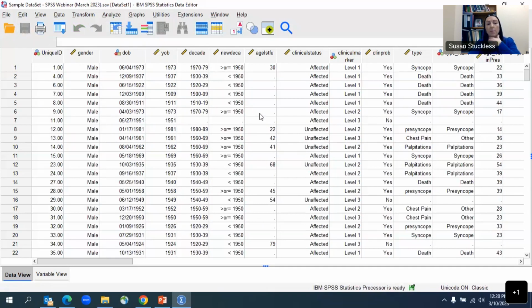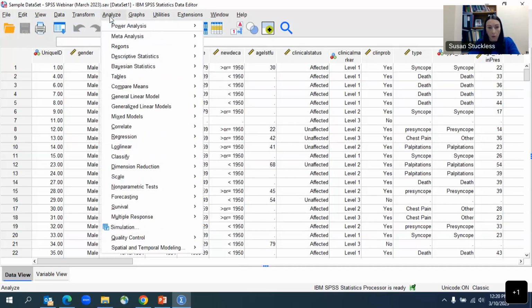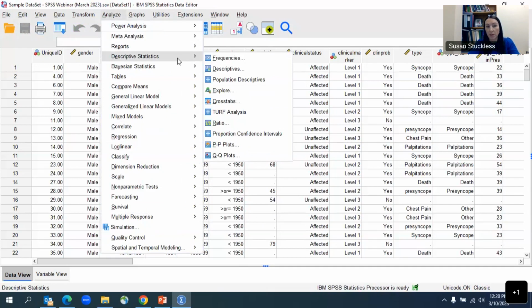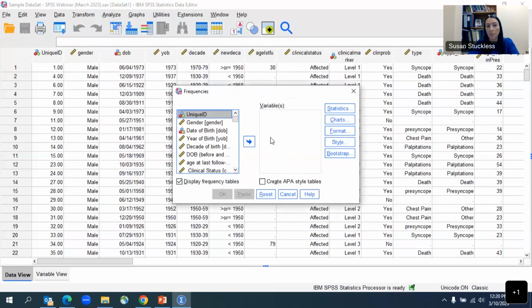Basically, starting off, one of the things is just to look at descriptives for your study. So you would go to the Analyze tab on top, Descriptive Statistics, and I'm just going to pick the Frequencies tab right now.